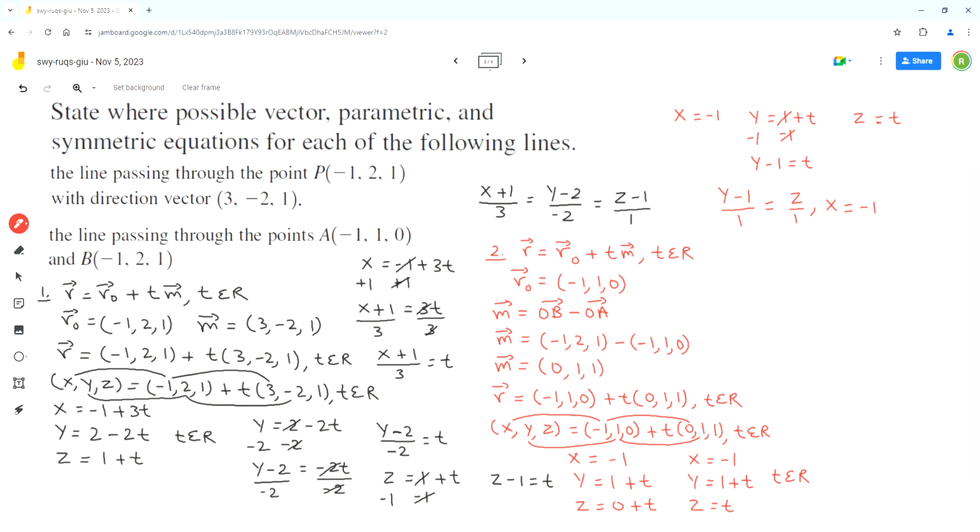We cannot write the x equation in the symmetric form because the x component of the direction vector is 0 and we cannot write 0 in the denominator. So this should be the final answer for the symmetric equation for the second line.